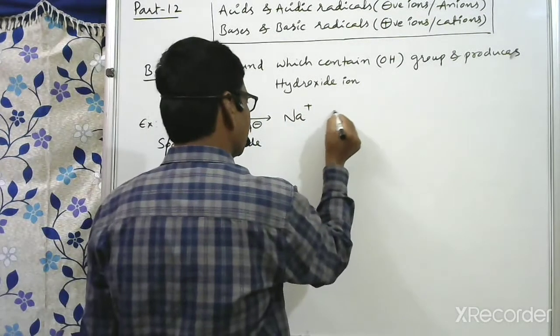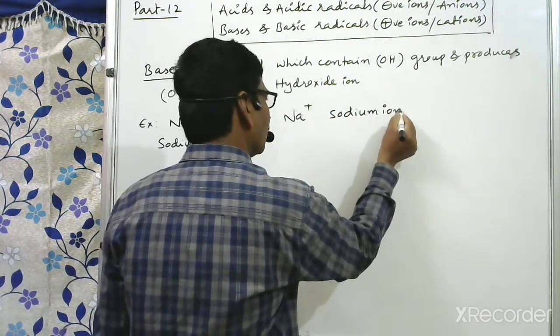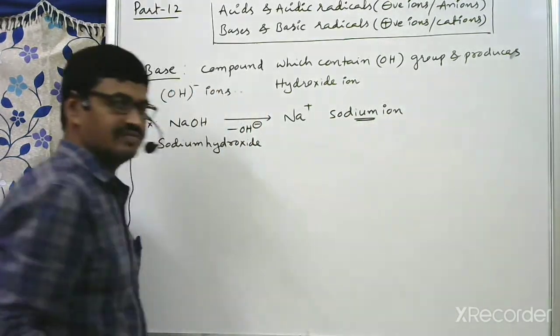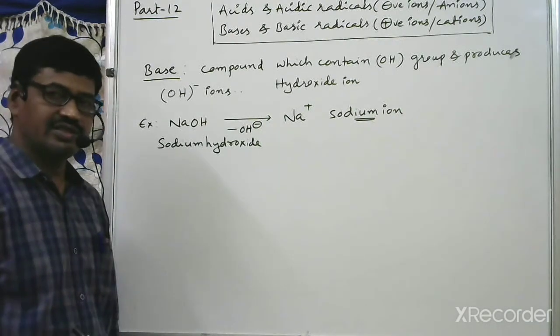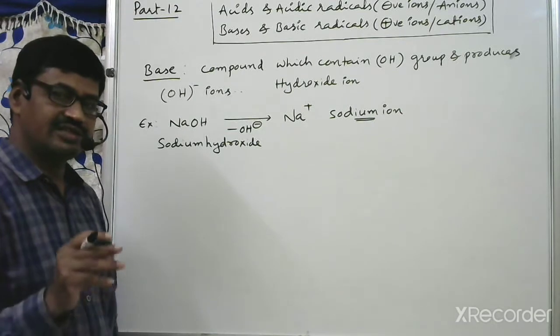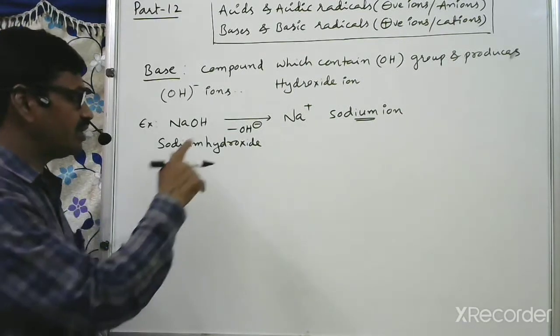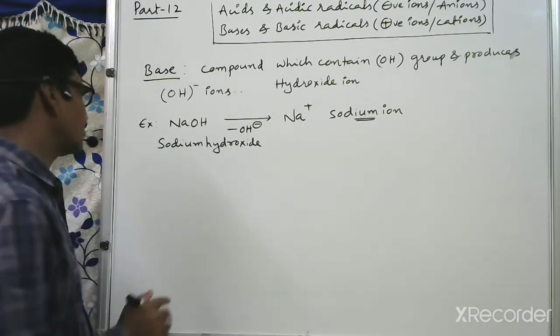So this is sodium ion, ium ending. All cations will take ium ending. Last class again, ide, ate, ite and ane. These endings in an ion mean it is negative. Ium ending means it is a positive ion.